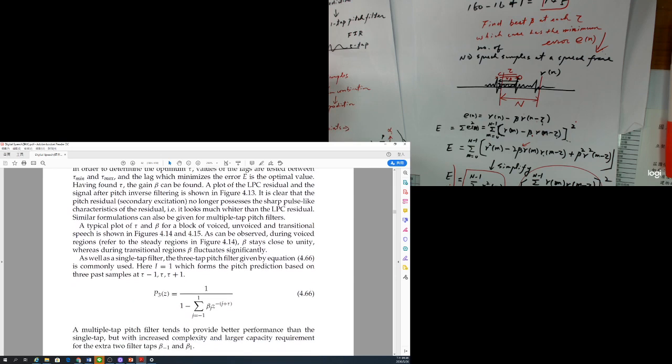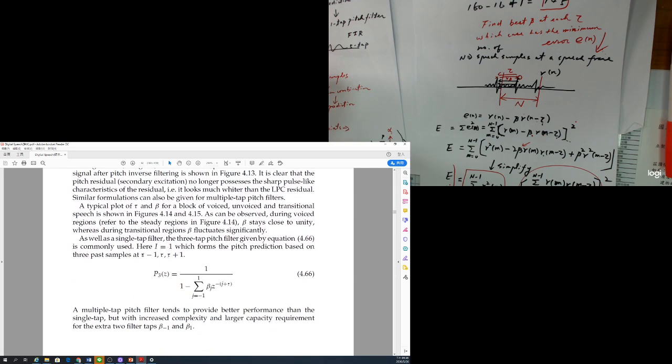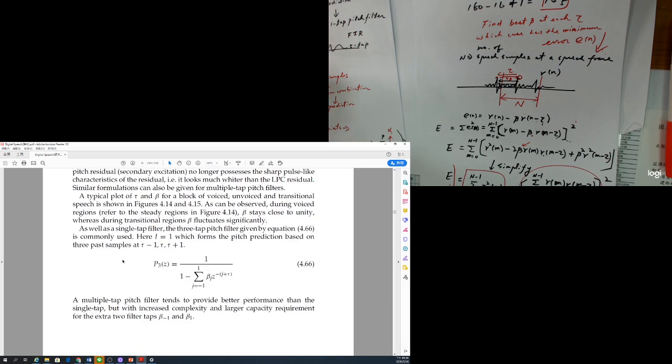So right now we get a tau and beta. If it's 3-tap, it will be considered multiple: move tau to the neighboring points, like 3 samples, to do the linear combination. So you can see multiple taps sometimes get better performance because they have more combinations than the single tap.